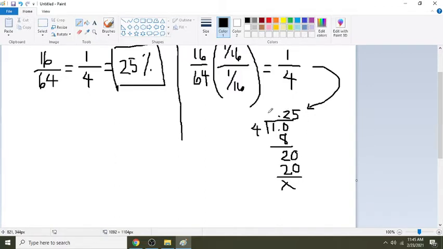And to convert this into a percentage, all you have to do is multiply it by 100, or just move the decimal point 2 places to the right, and you get 25%.